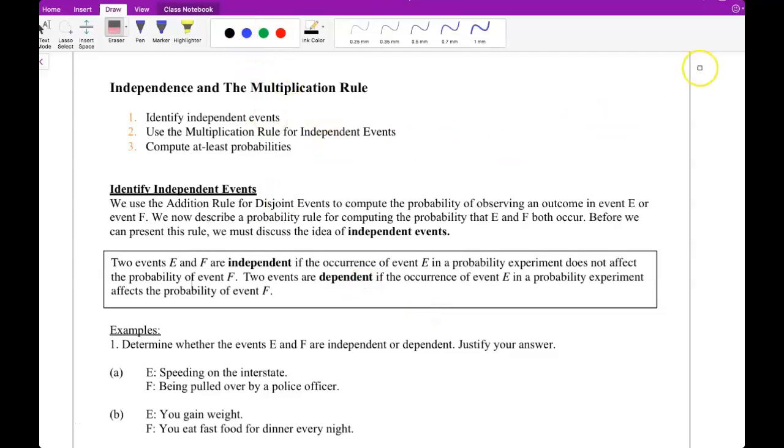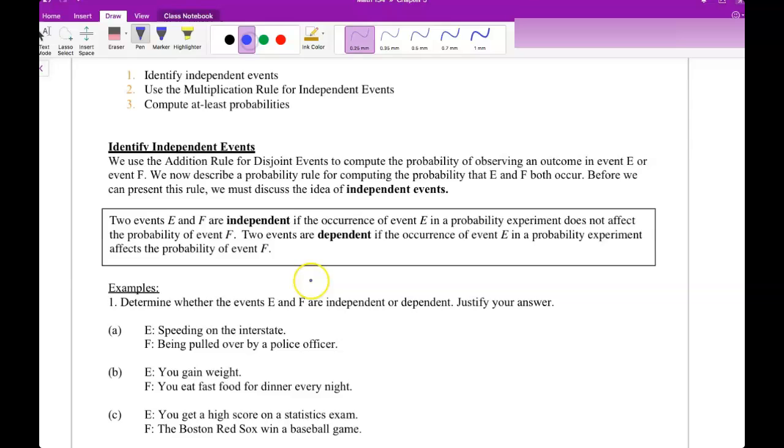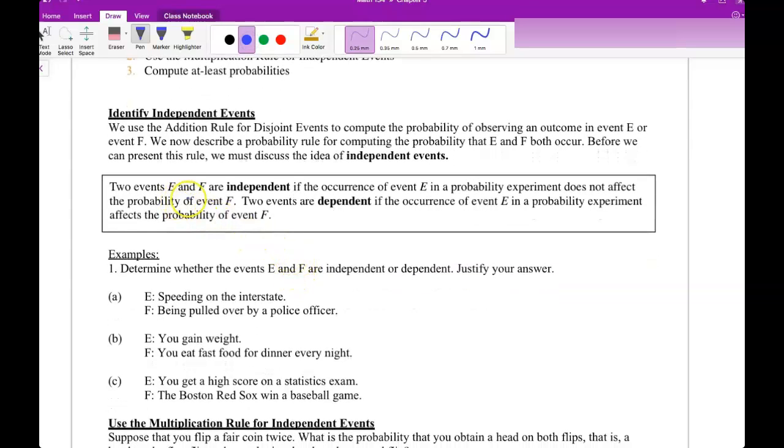Okay, here is independence and the multiplication rule. On this part, we have these two events, E and F, and we're going to see when we have independent and dependent.